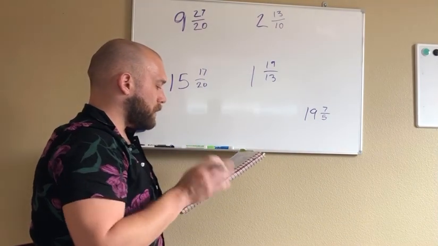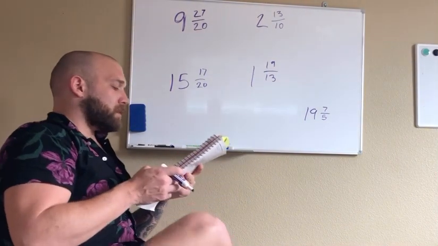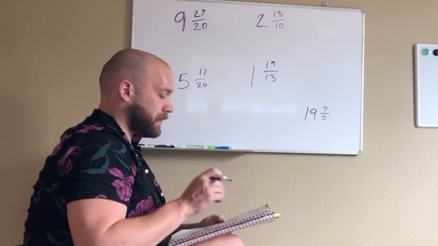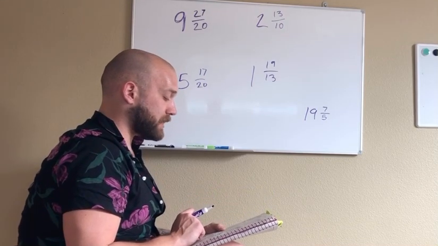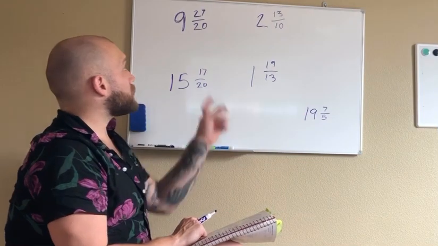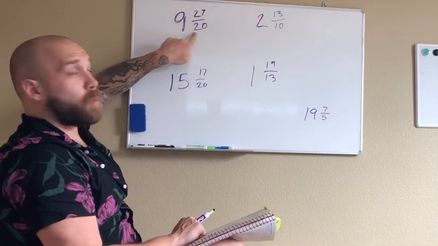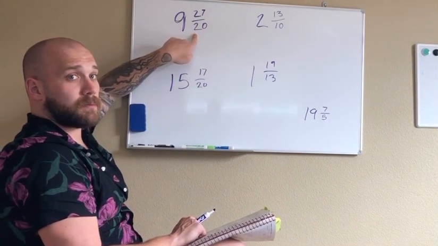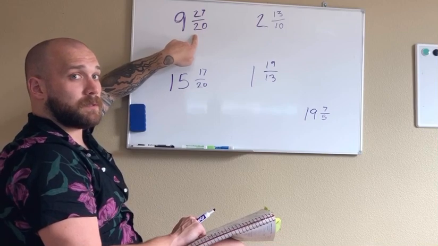You're going to copy the mixed numbers and rewrite them so they have a fraction that is less than 1. So what's going to happen is you're going to turn this into 1 and a new fraction because there's leftovers.